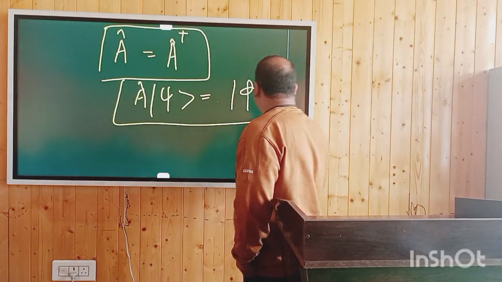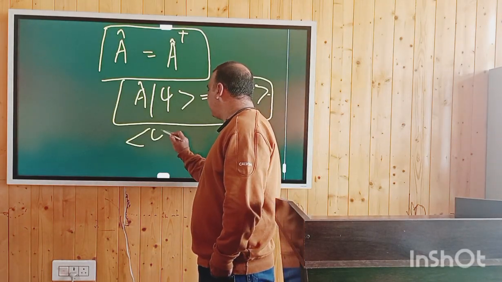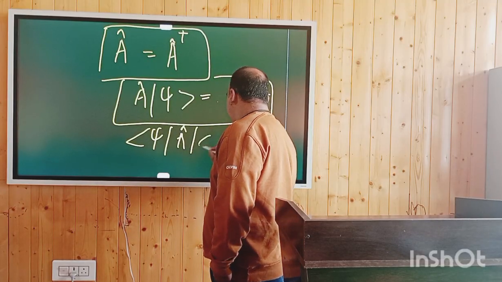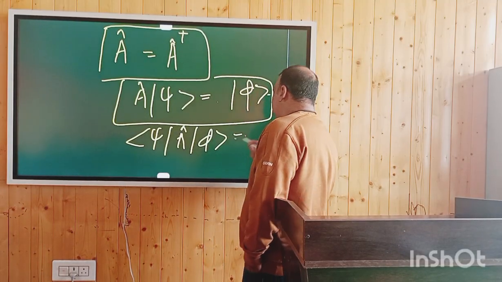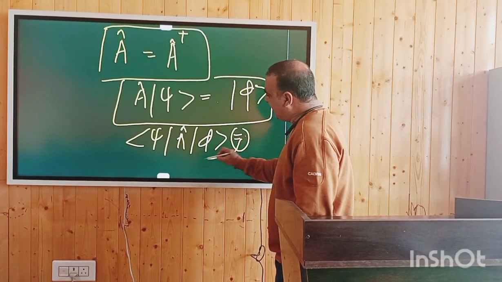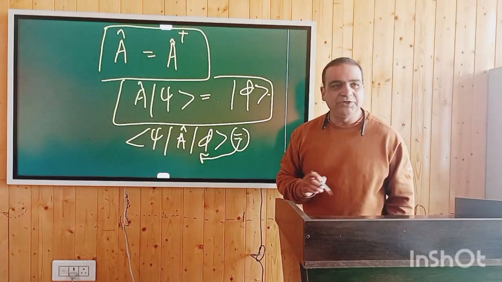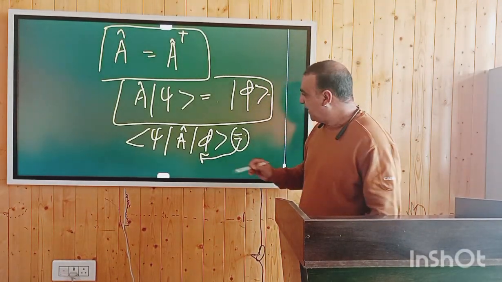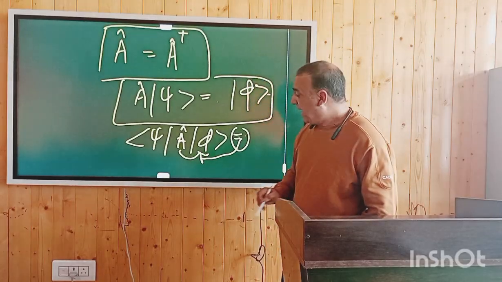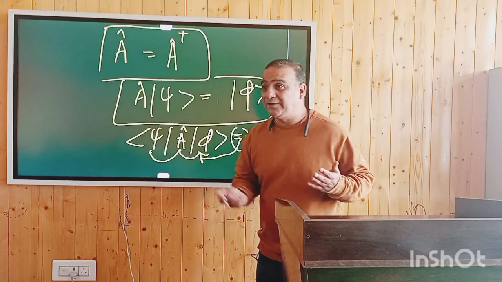Now the condition is that if I write down the state psi, A, and phi, what does this mean? If this A is a Hermitian operator and it acts on phi, you get a result, and when it acts on psi, you get the final result.